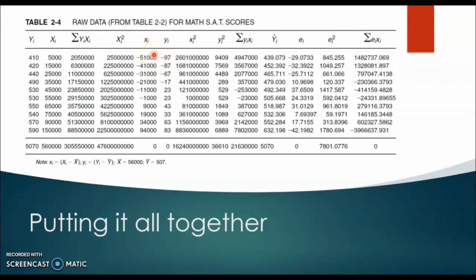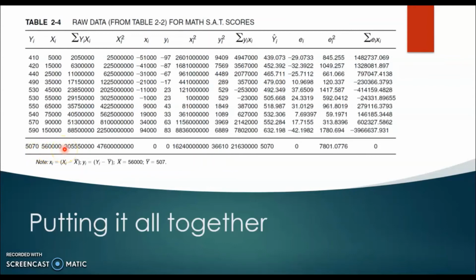Well, first, we need to identify the mean value of income. So here we have 560,000, and we divide the sum of income by the number of observations.